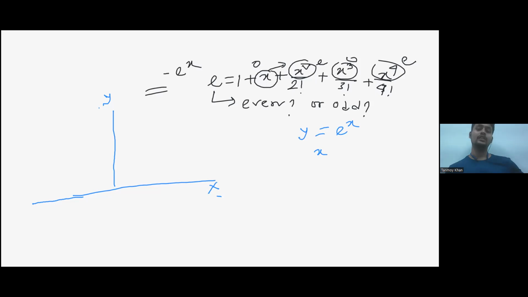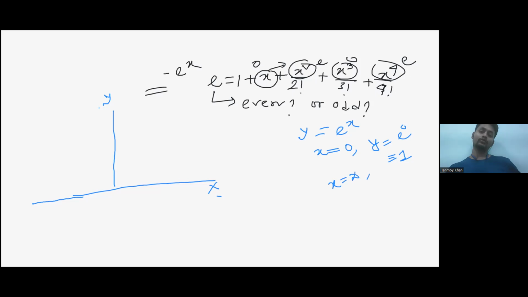So let's say x is equal to 0. What will it be? e to the power 0, and anything to the power 0 is 1. Now think about x is equal to infinity.